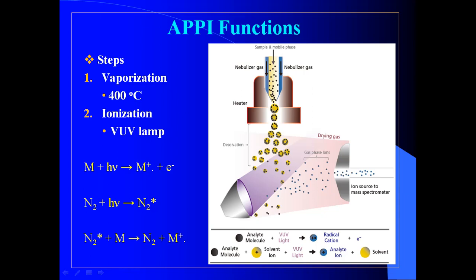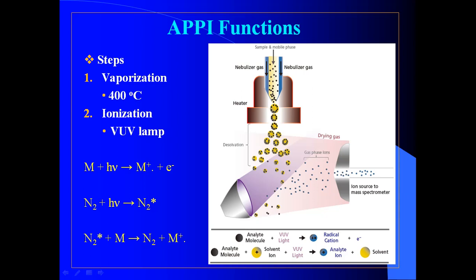It utilizes a discharge lamp that generates vacuum ultraviolet photons. If the photons are absorbed by a species that has ionization energy below the energy of the photon, then single photon ionization may occur. You can say this is direct ionization as well.